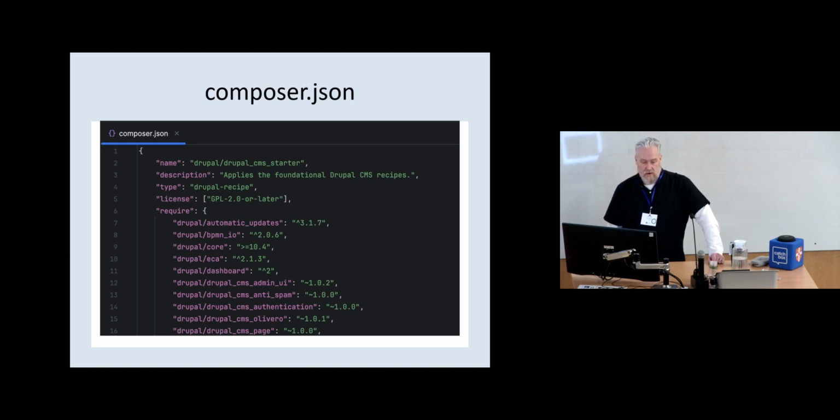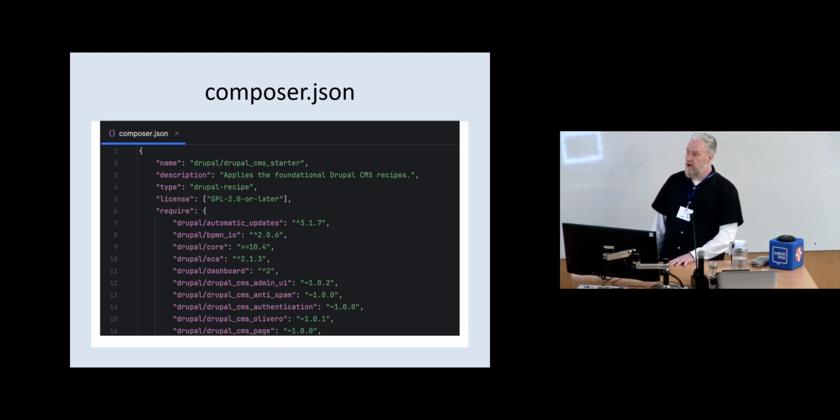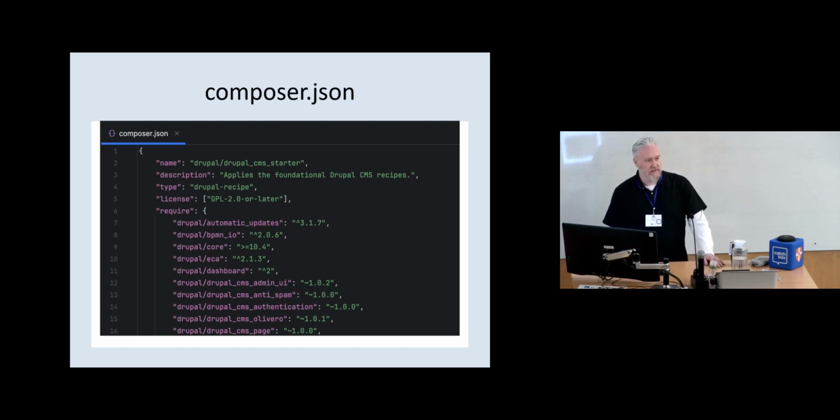BPMN.iO and ECA work closely together. That's Events, Conditions, Actions, which is ECA, and the BPMN.iO module is a graphical tool to help you figure out what your events are going to do. ECA is like Rules 2.0. It's a big, massive overhaul.